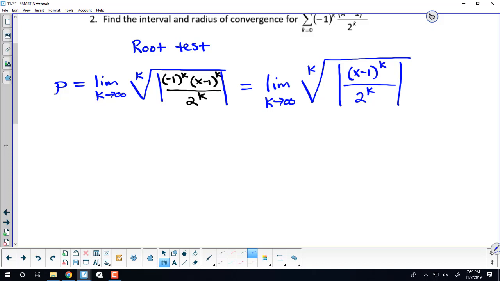We've got a quantity involving x. Do we need the absolute value around the 2 to the k? No, 2 to the k is always positive because k goes from 0 to infinity. It's 2 to the 0, 2 to the first, 2 to the second. So we'll note here that the absolute value of negative 1 to the k is equal to 1, and 2 to the k is positive.